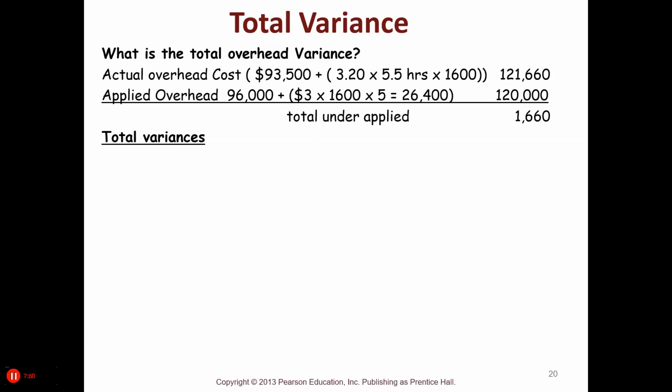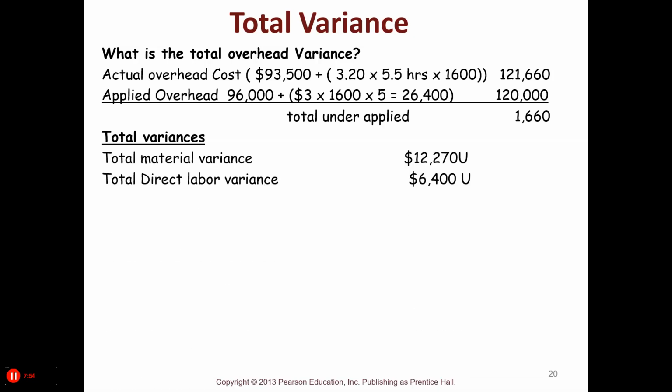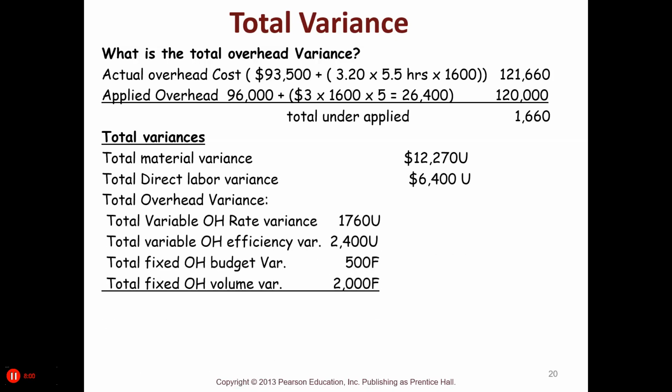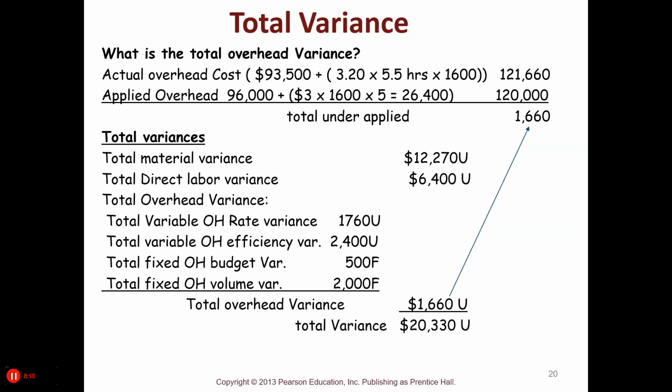So that should say total variances. So our total material variance, our total direct labor variance, we calculated in Part 1. And now we're going to do all the overhead balances and add them up. And if you notice, they equal the total, which is unfavorable. It's underapplied. So our total variance is 20,330.